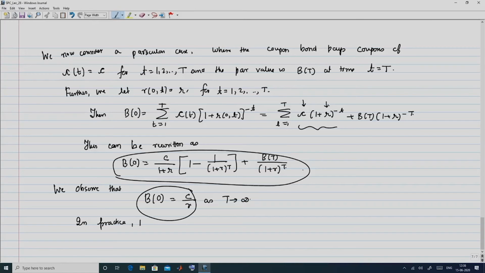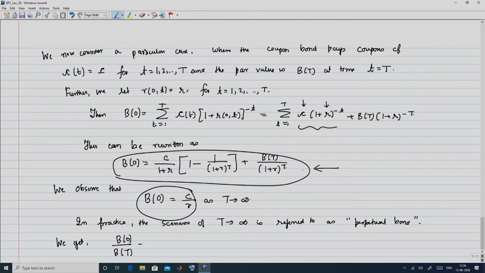In practice, the scenario of t tending to infinity is referred to as what is known as a perpetual bond.